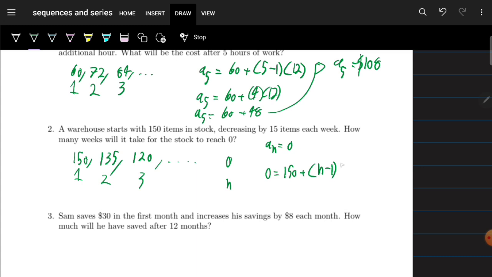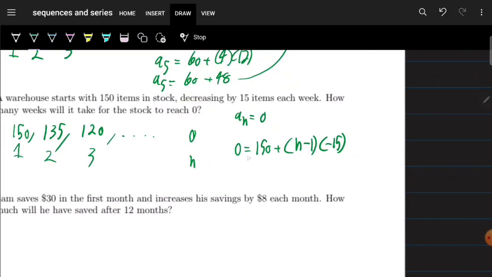The common difference is negative 15 here, right, because we're going down by 15. So I want to know for which term number we're going to get 0. So is this going to be 10? After 10 terms we get 0? Is it going to be 12, 15? So let's solve for n here.